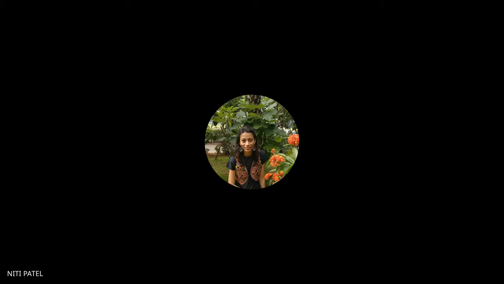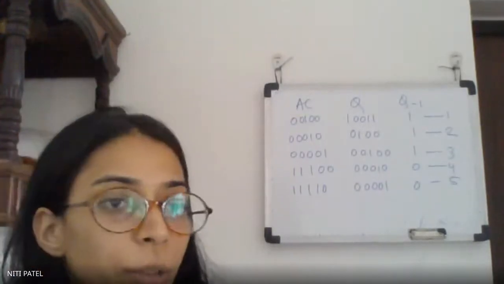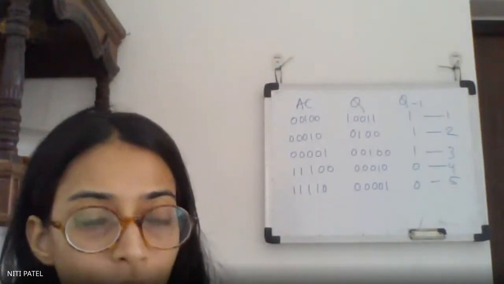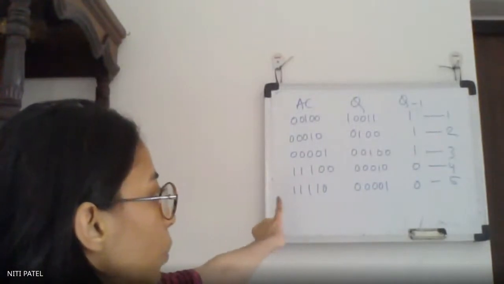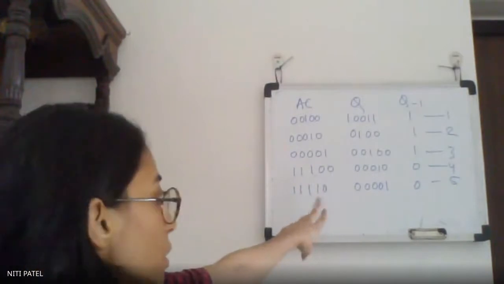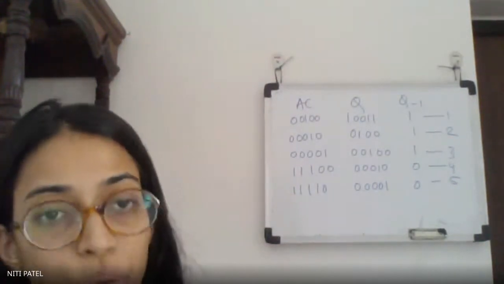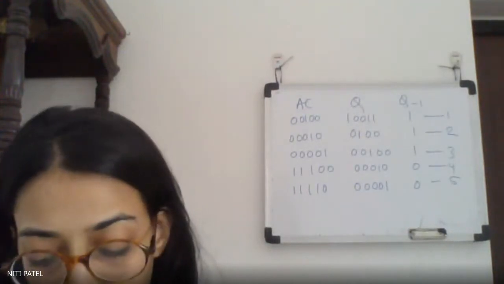Those who have missed out can check on the board. I have written the answer of each and every cycle. Cross verify with your cycle. So your product will be contents of AC as 11110, content of Q as 00001. So your -9 into 7 is contents of AC and content of Q.